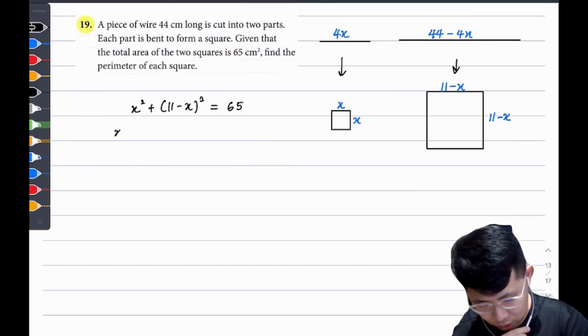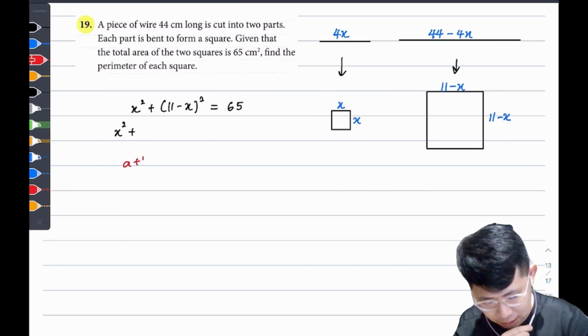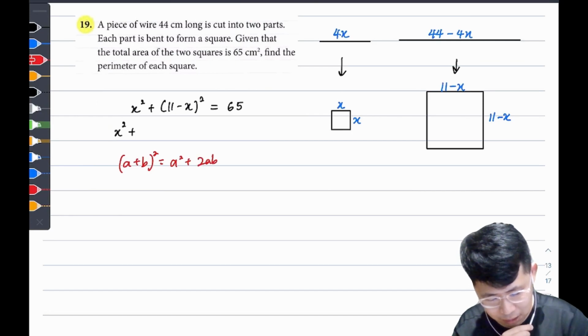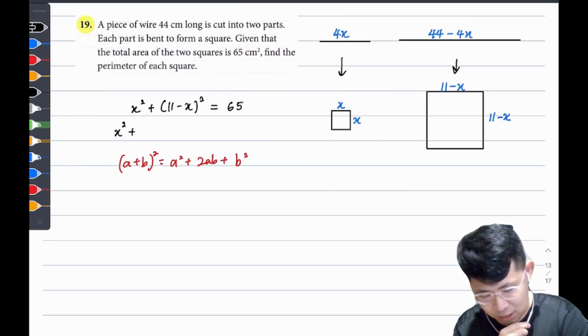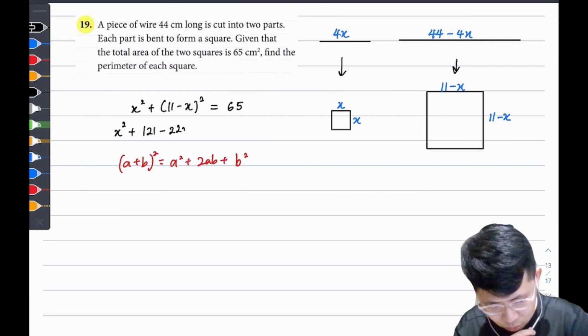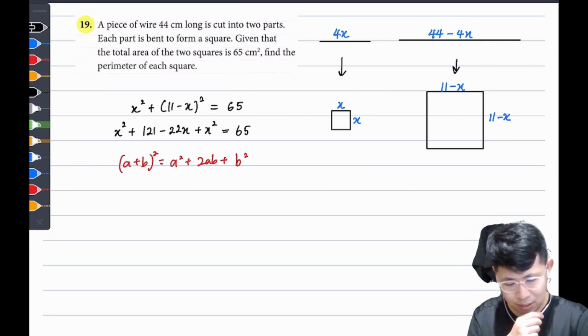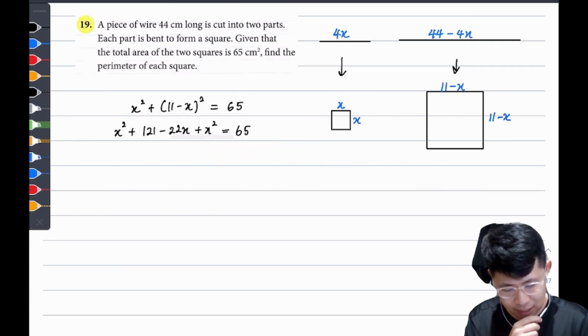On the left I have x squared plus (11 minus x) squared. Now I'm going to use (a plus b) squared equals a squared plus 2ab plus b squared. Otherwise you can expand slowly. So this would be 121 plus 2 times 11 times negative x, so negative 22x, plus x squared, equals 65.